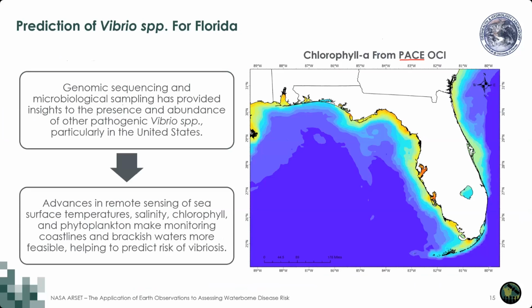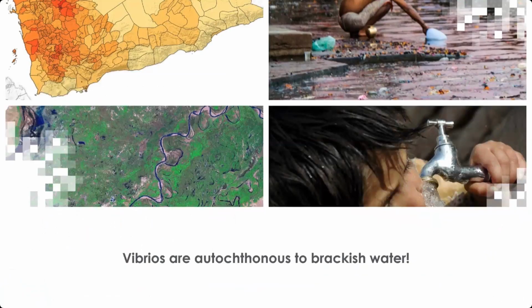We also verify our model outputs with genomic sequencing of all the samples that we collect in and around the coastal waters, and then relate those observations to the satellite remote sensing data sets. One thing that we must remember is that Vibrios cannot be eradicated from the environment.